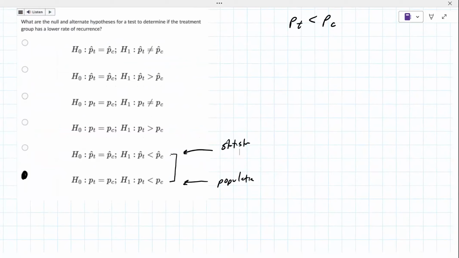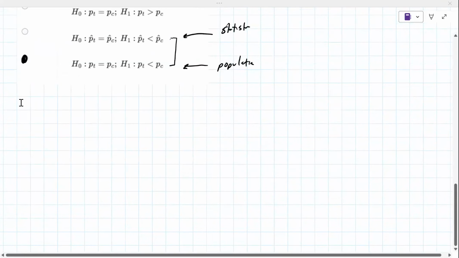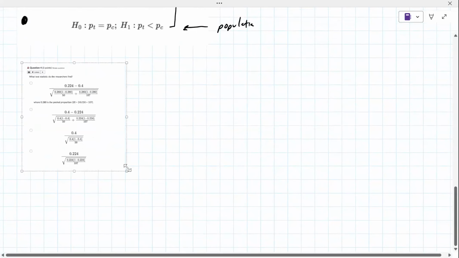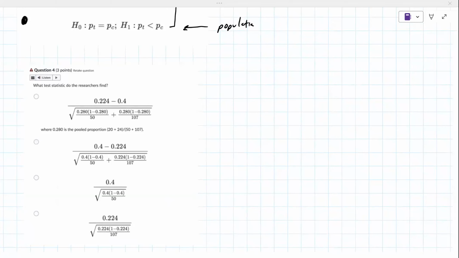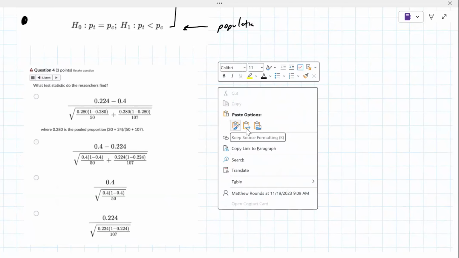And so then the test statistic. These are the options for the test statistic. So let me go find the formula for a two proportion test statistic. All right, so the formula here isn't all that easy to understand, but we'll match it up here.